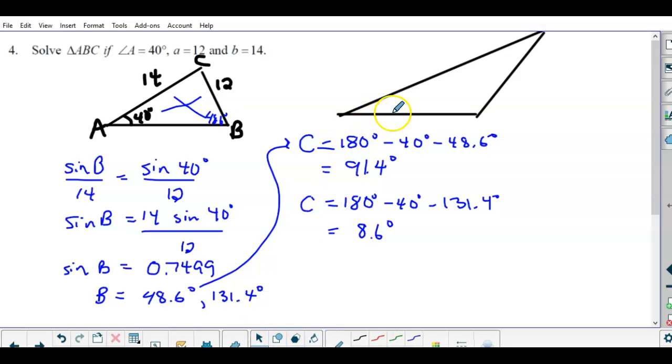And so here, this would be your 40. This would be your 131.4. And this would be your 8.6. Okay. I guess in a smaller scale, because I kind of extended that out.